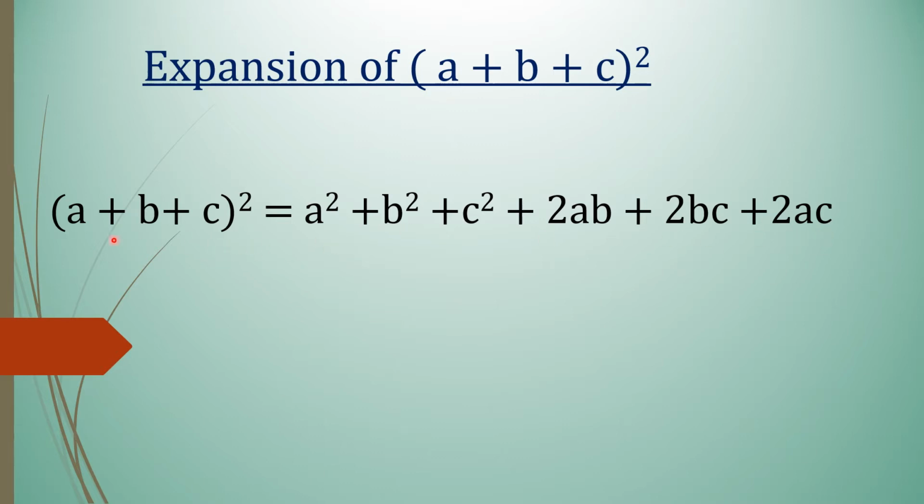So this is the formula for (a plus b plus c) the whole square. That is equal to a square plus b square plus c square plus 2ab plus 2bc plus 2ac.